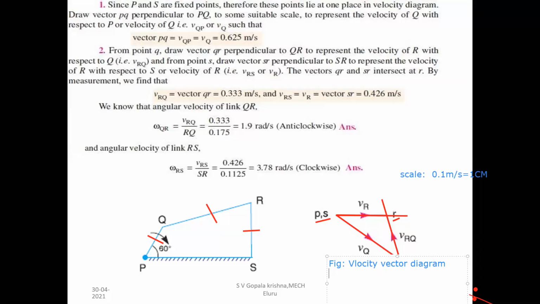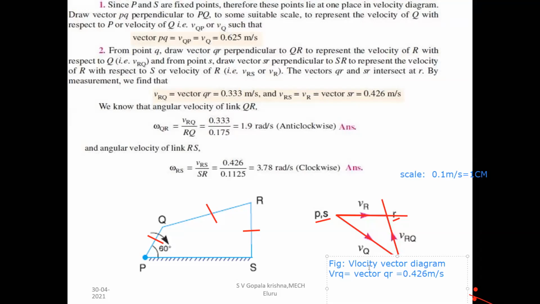So VRQ equals vector QR, which is nearly 0.426 meter per second.